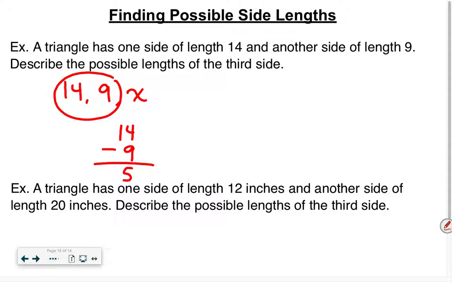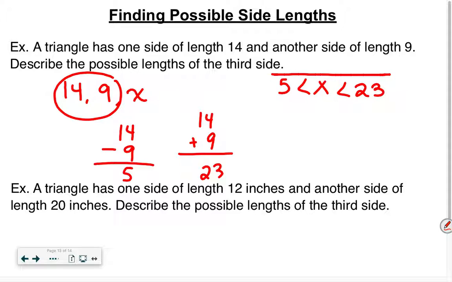And to find the top of our range, we're going to just add them together. What's 14 plus 9? Bowen Murphy? 23. That's the tippy top of our range. Can't be 23, but it can be everything up to 23. So this magical side x, I don't know the length of, needs to be somewhere between 5 and 23.